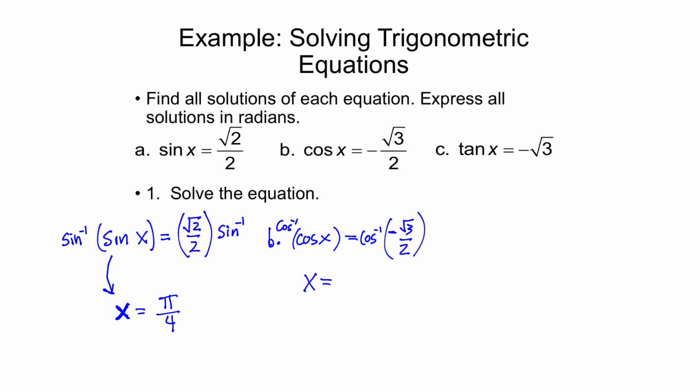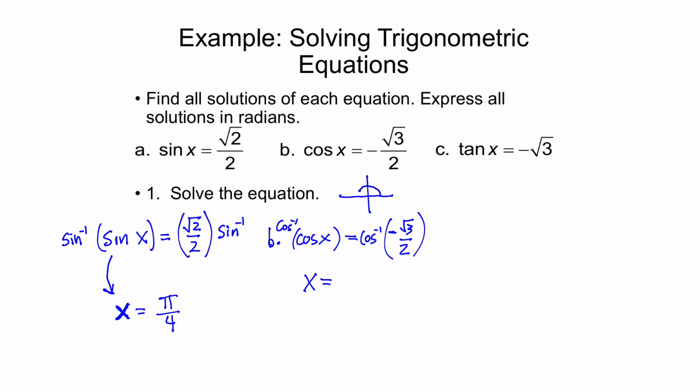And then, we're doing a negative cosine. Cosine positive was in the first and negative was in the second. And so we know the arc cosine of negative root 3 over 2 is the 30-degree reference angle in the second quadrant. And let me just help you picture that.